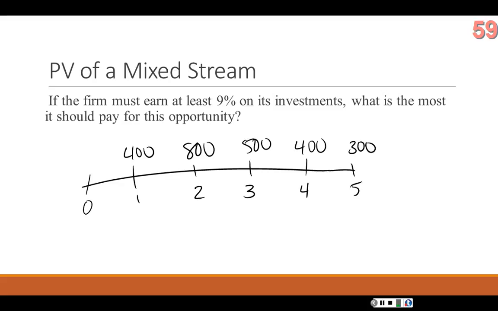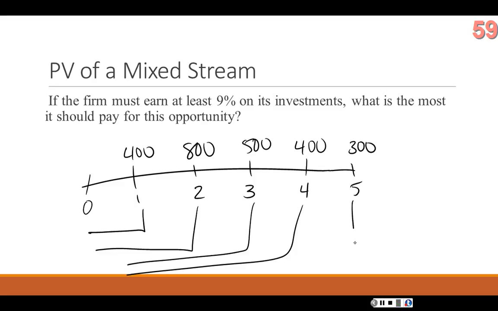To determine this, you would have to take the present value of each of these cash flows independently. So you take the present value of each of these all the way back to time period 0 and then add them up.